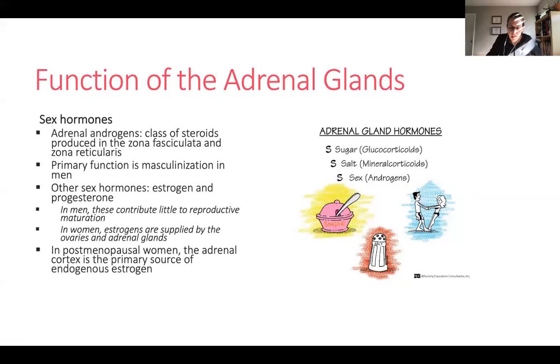So the primary function of those obviously is masculinization in men, and then the other sex hormones, the estrogen and progesterone. In men, they contribute little to reproductive maturation, and in women, it's supplied by the ovaries and the adrenal glands. In postmenopausal women, the adrenal cortex is the primary source of endogenous estrogen.